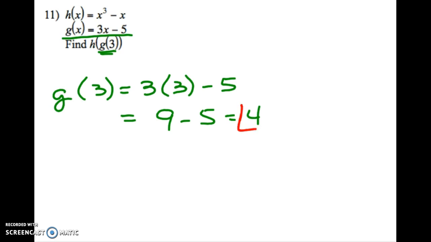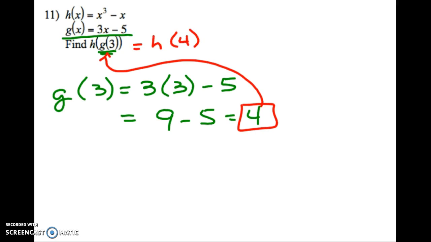So at this point, 4 now replaces the g of 3. So what we want to do is evaluate h of 4. So if we look at the h equation, we want to do h of 4.